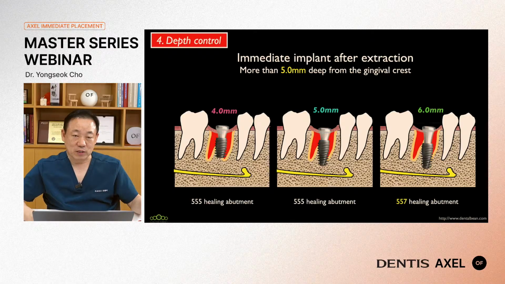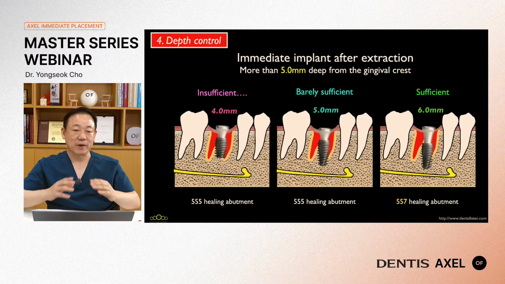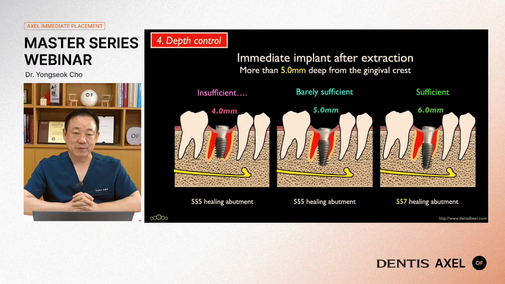In the left picture, I connected a 5 millimeter gingival height healing abutment, and when 1 millimeter is exposed, that means the implant depth is 4 millimeter. I don't like this. It is insufficient depth. When it is just 5 millimeter, it's very sufficient depth, not bad. When it is 6 millimeter depth, it is sufficient depth.